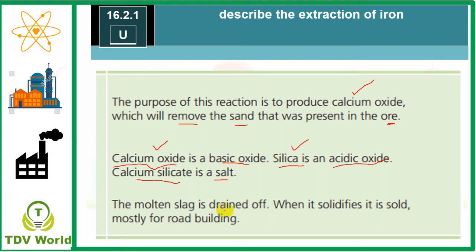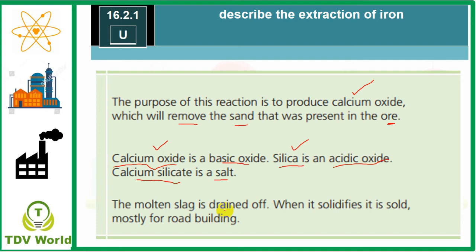Slag is like a waste material of this extraction of iron process, but it's no more waste when you use it for building roads. You will use that later on.